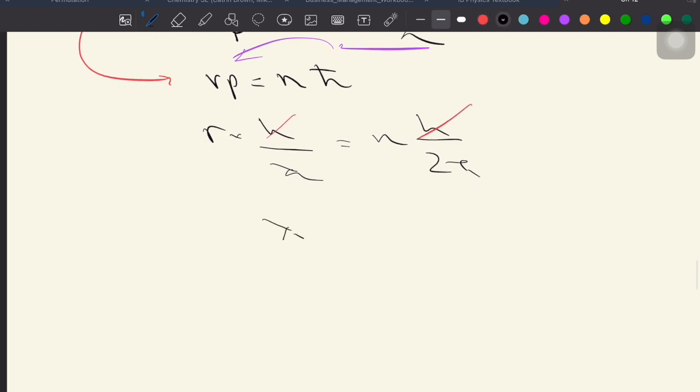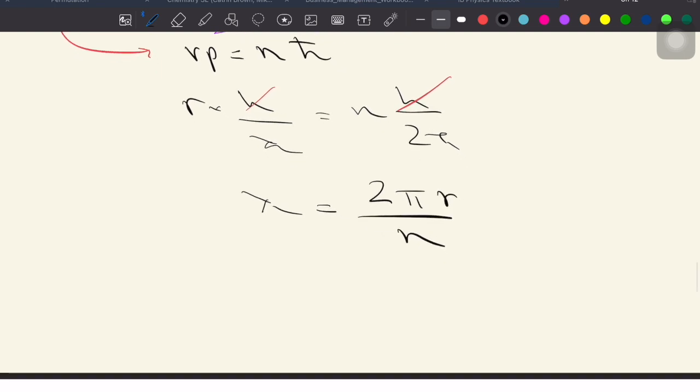We'll be left with lambda is equal to 2 pi r over n. And 2 pi r is the circumference of the orbit. And you can also write this as 2 pi r is equal to n lambda.